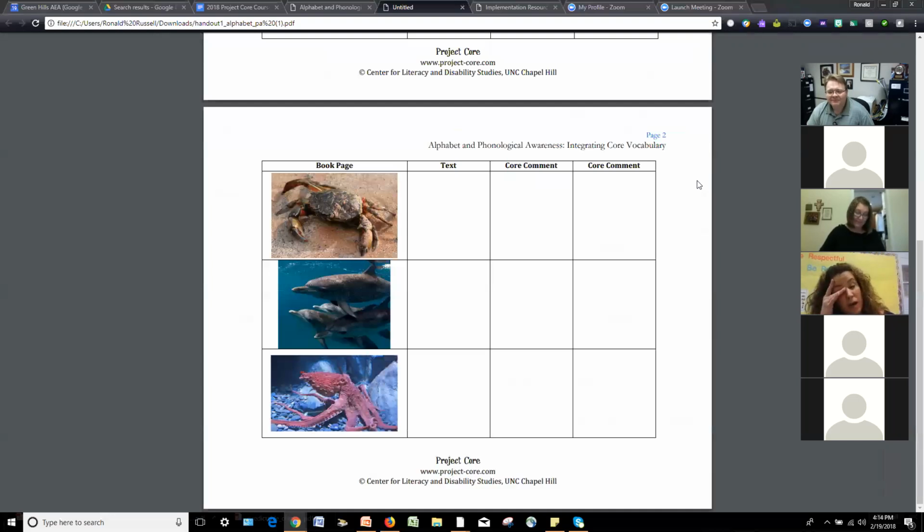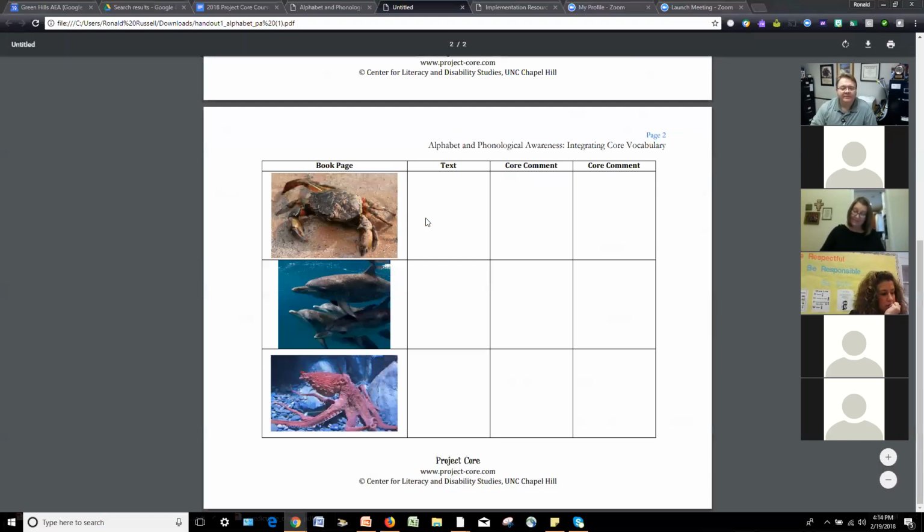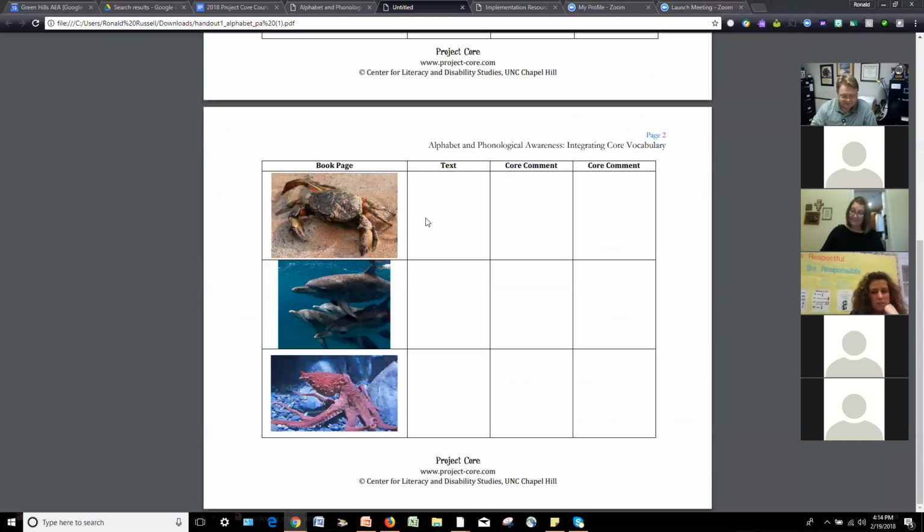You could just say the crab is on the sand, using the word on as a core comment. Yes. You bet. He's on the sand. Absolutely. I do not like his pinchers. Okay, do not like, that could be, yeah.